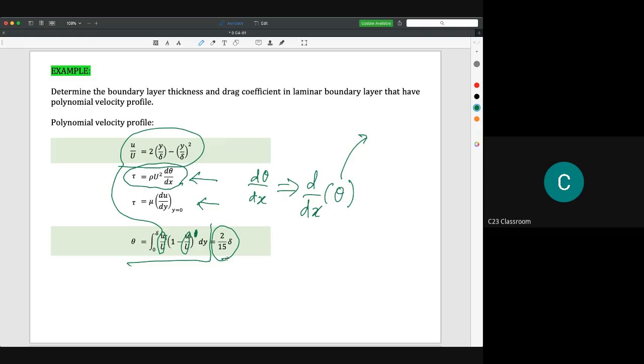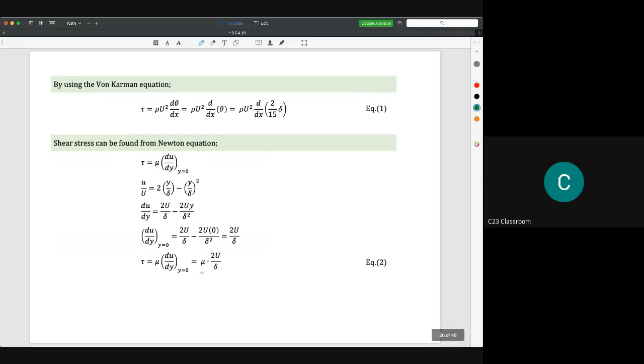I hope you could do this at home. Then we substitute the value of theta with 2 delta over 15, and we could get these terms. We name this equation 1.